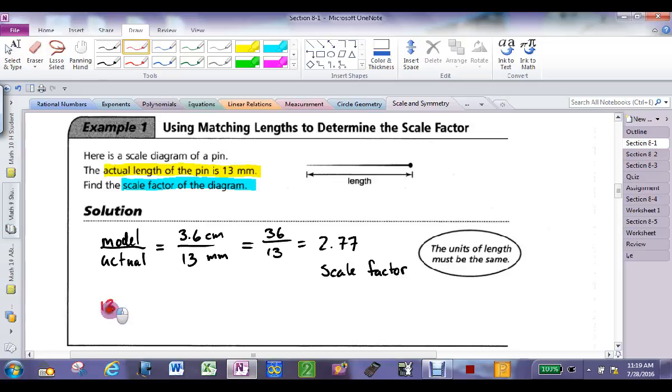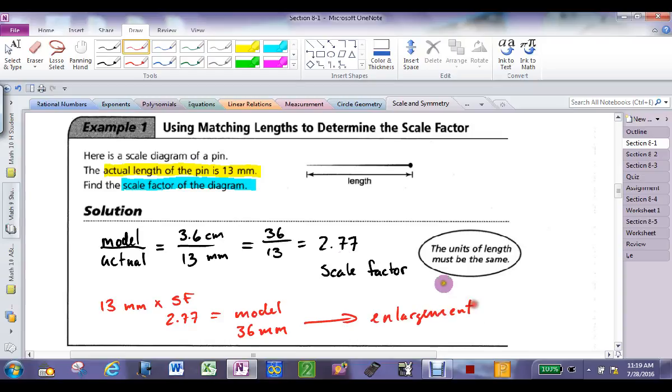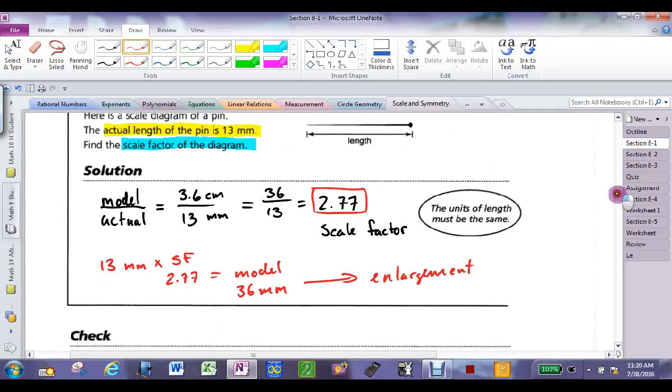That means my actual pin, which was 13 millimeters, multiplies by my scale factor, which in this case was 2.77, and that gets me my model, which in this case was 36 millimeters, which you can see quite plainly is an enlargement. Now you knew it was going to be an enlargement as soon as you did this, right? Because that's bigger than 1. Everybody got it?